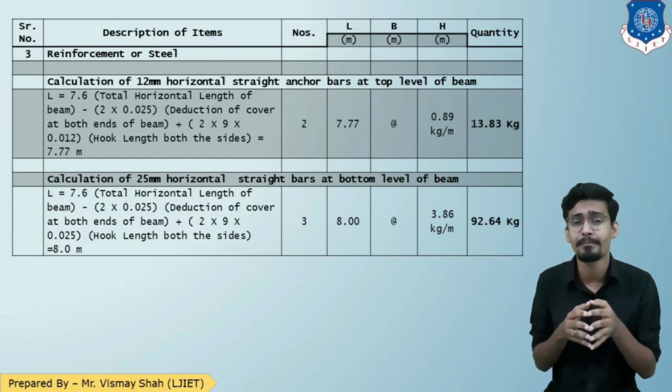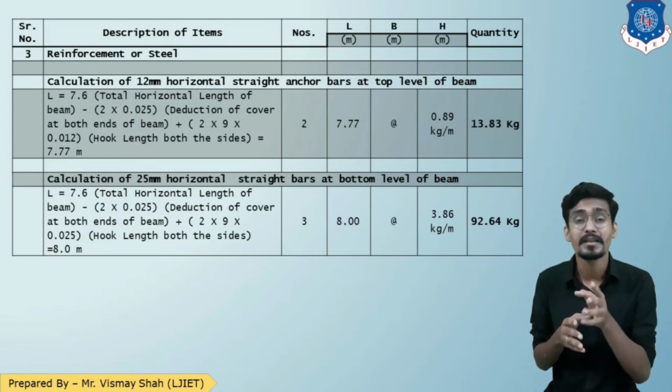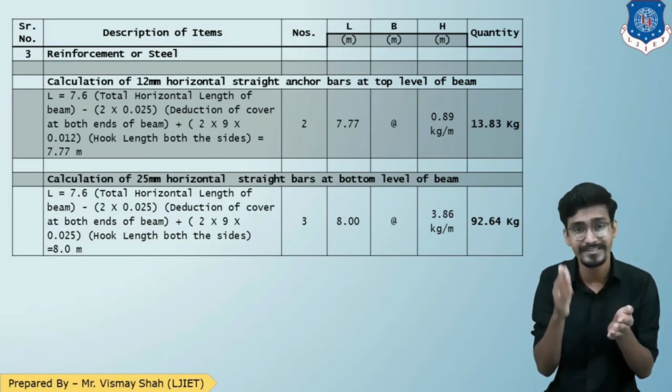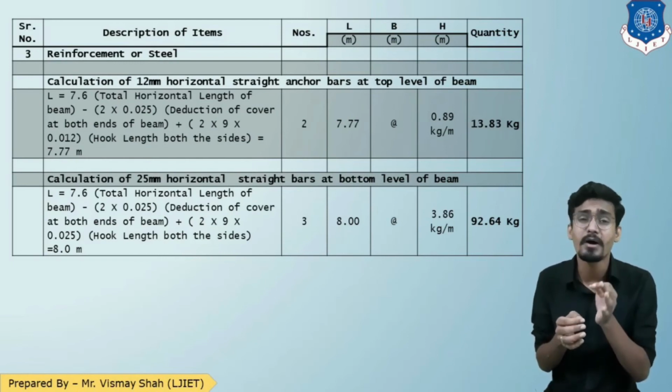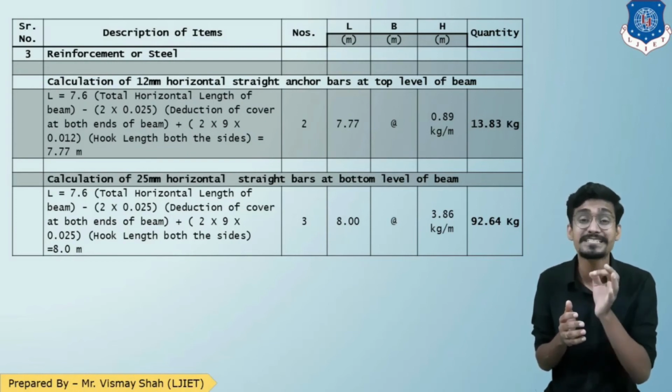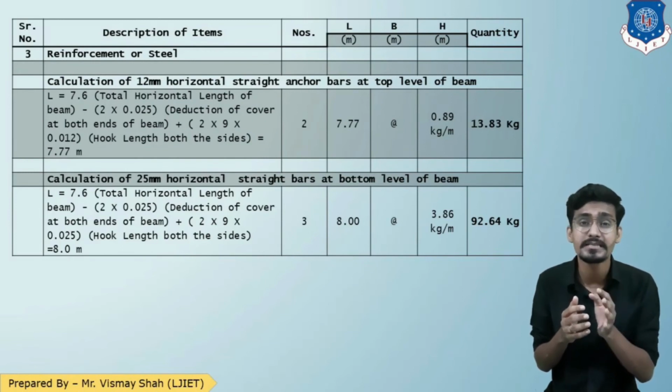Now in the column of numbers I have written 2 because in the drawing we were given that there are two 12 mm bars. Now the length we have found out is 7.77. But in the column of B and H, we don't have to write width and height because for the reinforcement, there is no width and height. So in the column of B, I have written @ and in the column of H, I have written the formula of D square by 162. Here D is 12 mm.